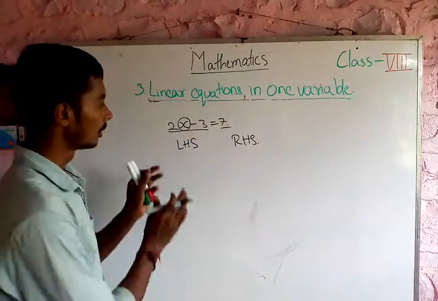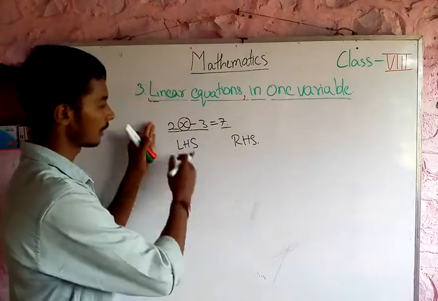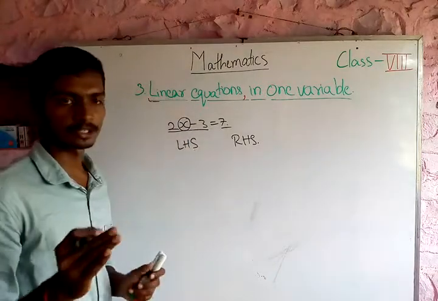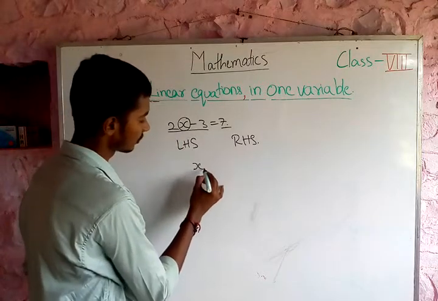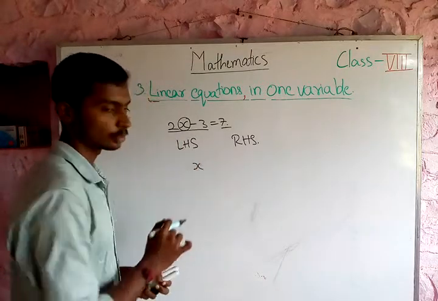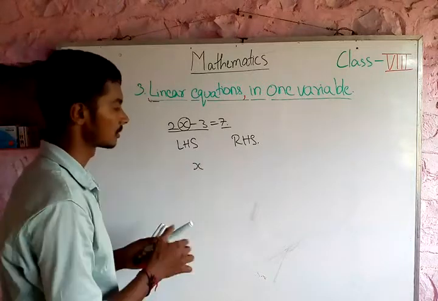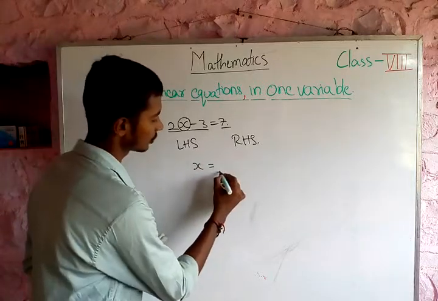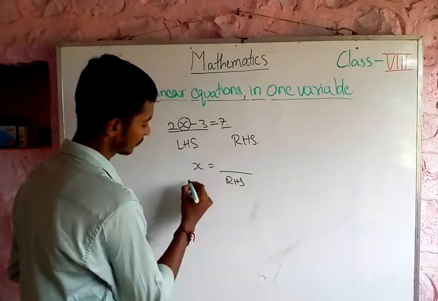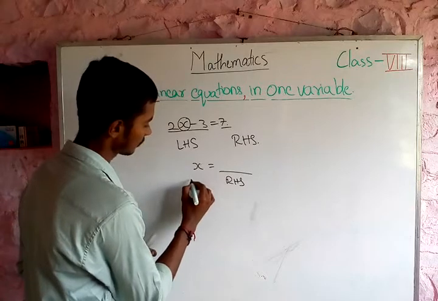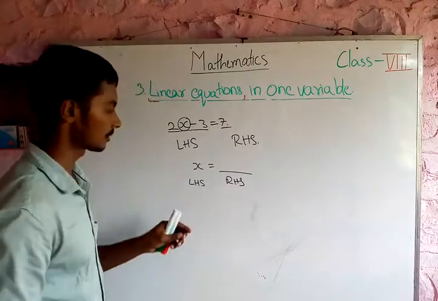How to do it? To get the value of x, you should change the equation in such a way that you will remain with only x on the LHS, that is, you won't have anything with the x. This is LHS, this is RHS.